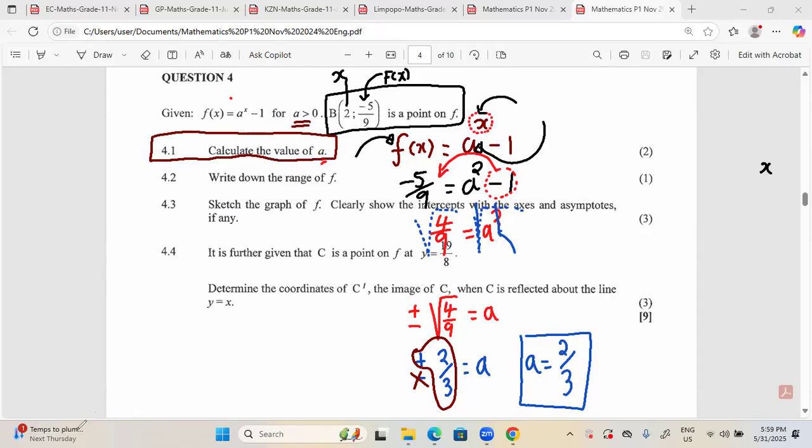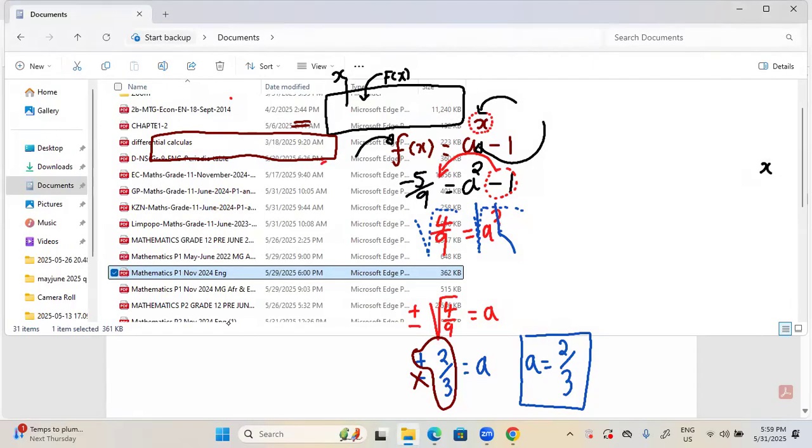I think there is a similar question. Let me go and look at what happened in June 2022. Where is June 2022?